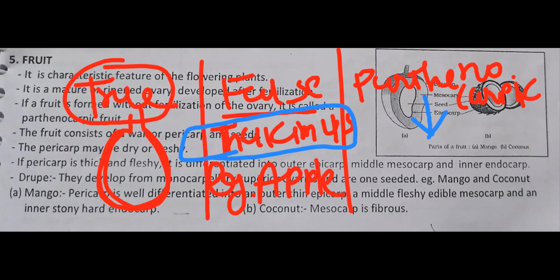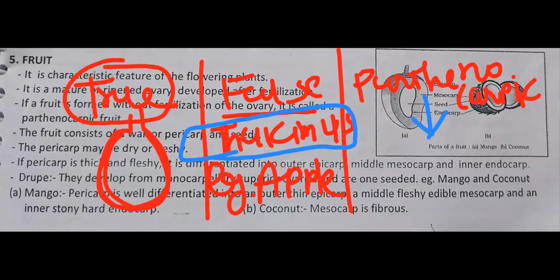Can you give me any example of seedless fruit? Very easy. It is available in all seasons. Yes, banana. Nowadays, some grapes are also there in which the seeds are not present.